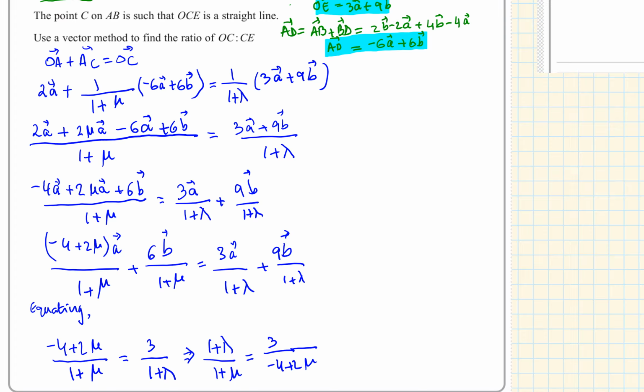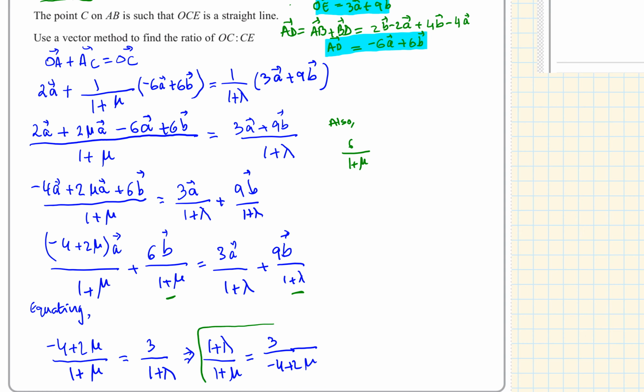So equating the other part, which is the B part. The B part is here and here. So I get 6B, so I can write here also 6 over 1 plus mu.